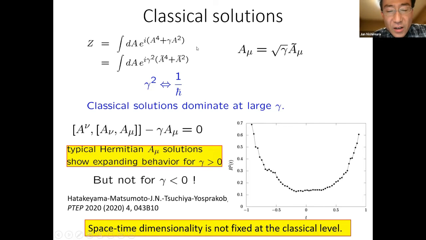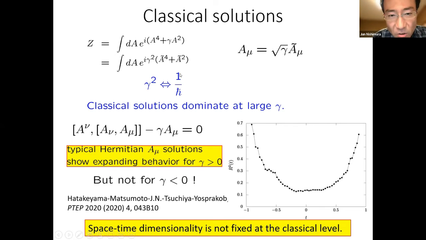As you usually do in field theory, you can redefine your fields like this with square root of gamma, and then you can make this gamma factored out in front of the action. And then when you consider a large gamma region, classical solutions, namely the stationary configurations of the action, dominate the path integral. That is basically this correspondence.